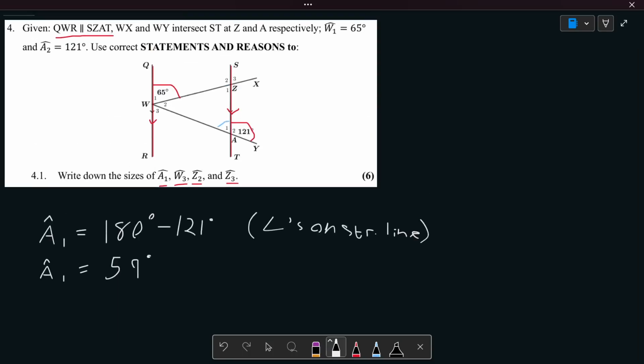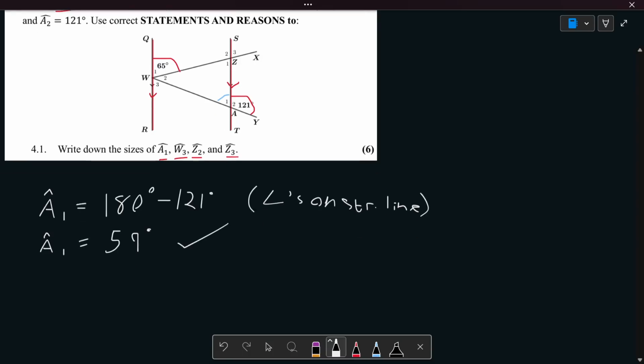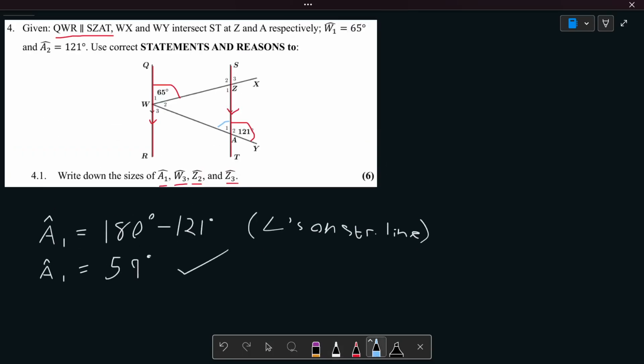So now we actually found A1. Now we can find W3. Where is W3? W3 is located here on the diagram. Now how can we find that? We can see that there is a relationship if we look at the parallel lines and compare them with the relationship between A1 and W3.